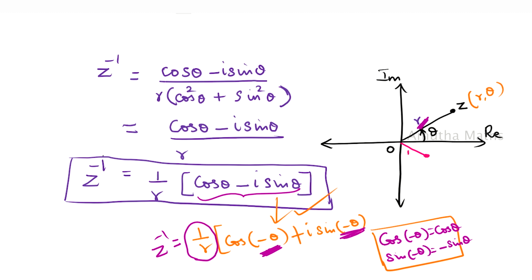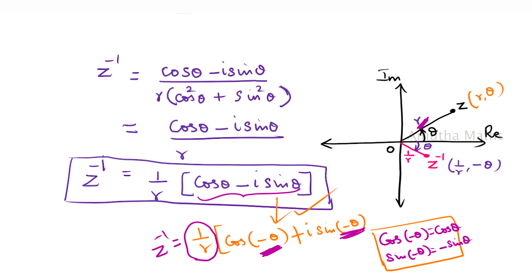So 1 by r will be smaller than r from the origin. What is the polar form of representing this complex number? 1 by r comma minus theta. Why minus theta? This complex number makes an angle theta in the clockwise direction.